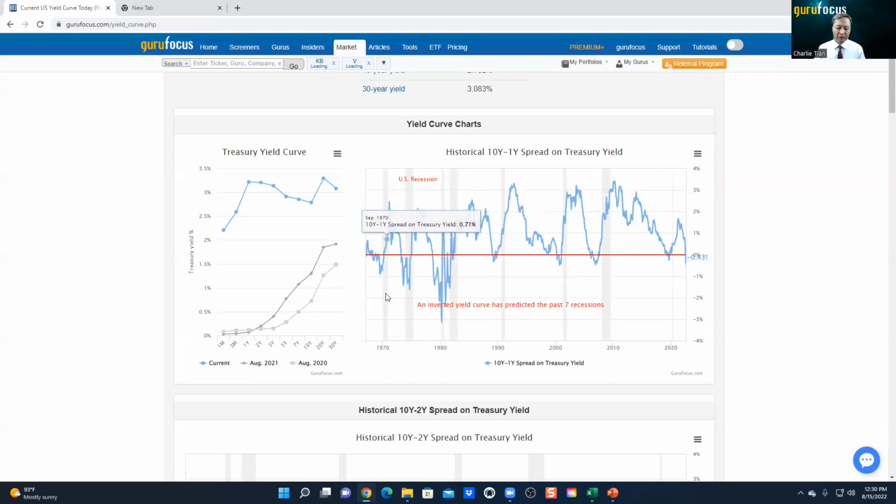If we observe, for every yield inversion, there's a gray area where there was a US recession that followed it. So the yield inversion has been a very good indicator of recessions. Currently, we are in a yield inversion.